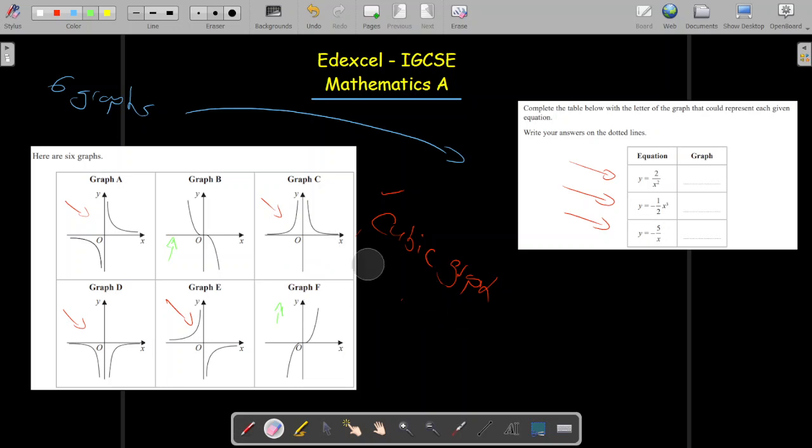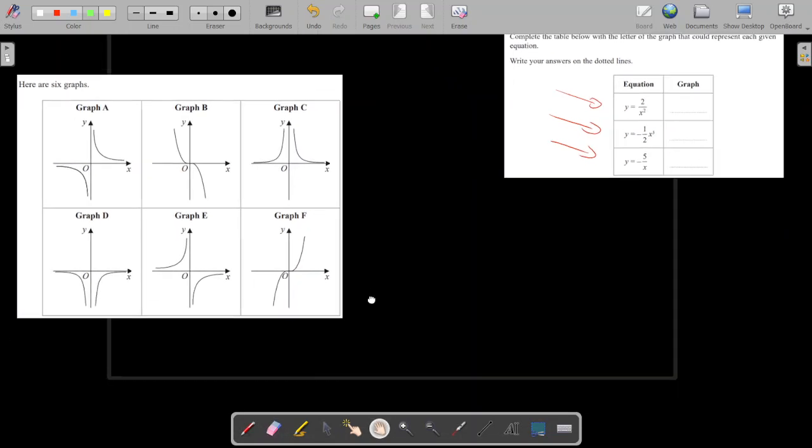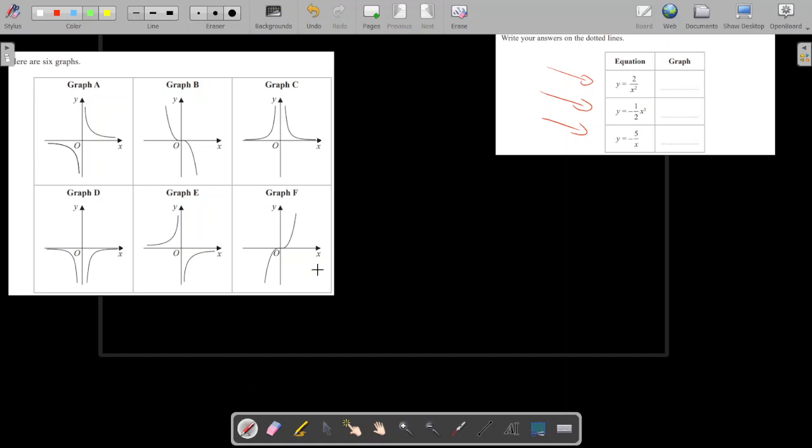Now let's talk about the general shape, or the general form, of what is reciprocal and what is considered a cubic graph. I'm going to talk about the reciprocal first.